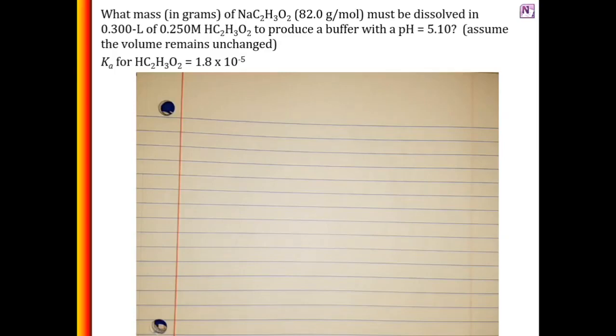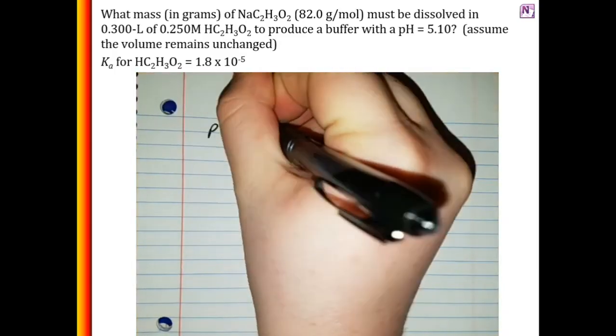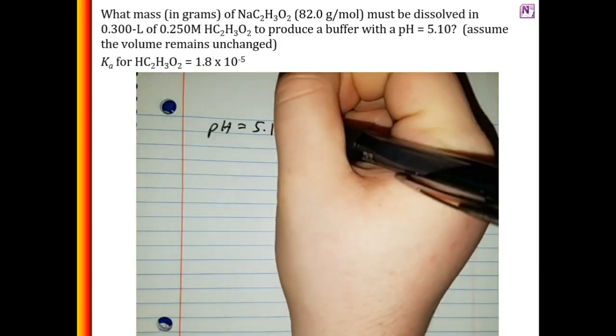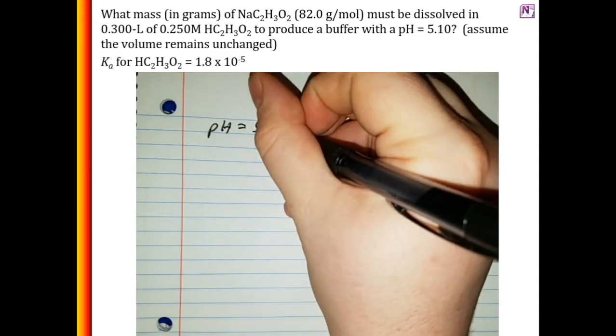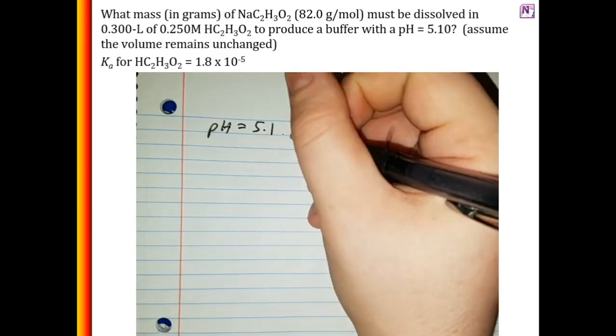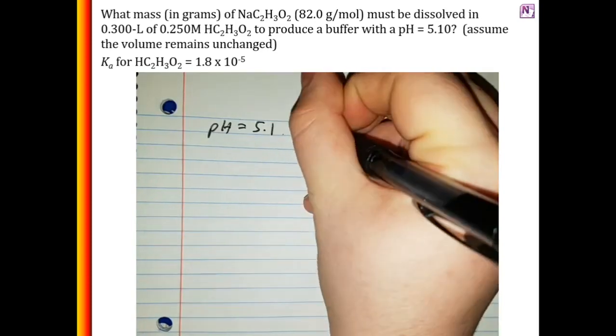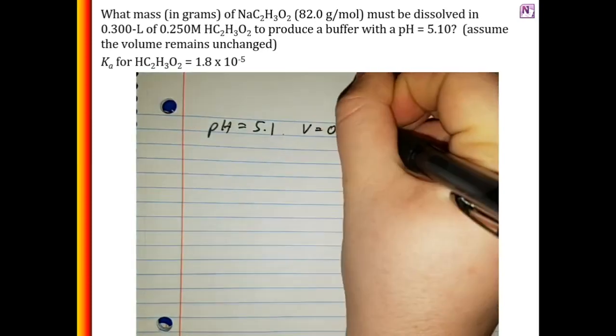Okay, so this problem we're going to have a similar setup, but our answer is going to give us a little bit different information. So we want a pH equal to 5.1. They give us sodium acetate and its molar mass. They give us a volume, 0.3 liters.